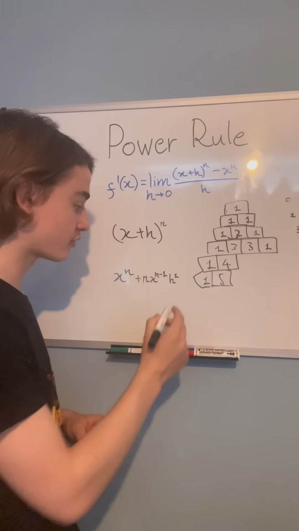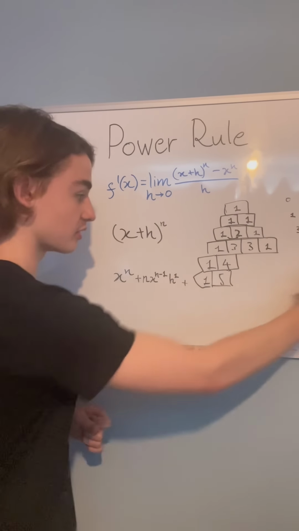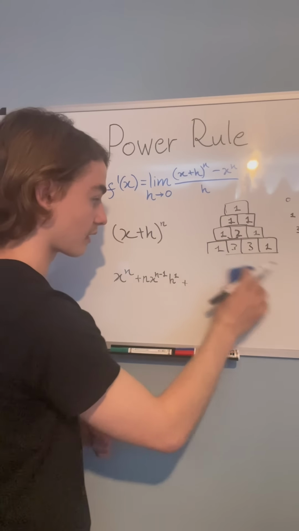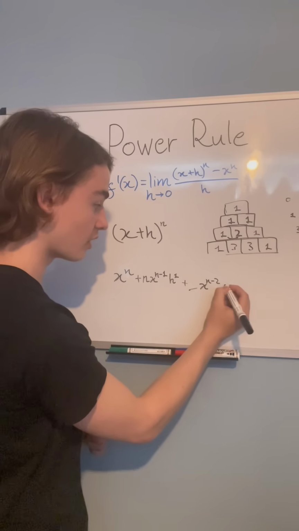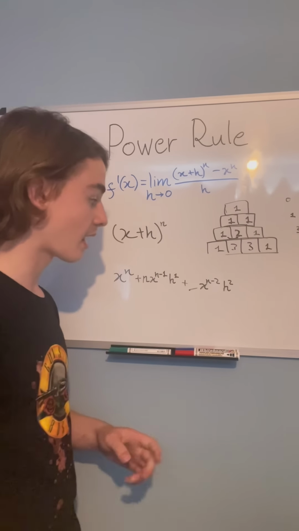After that, we'll have terms that have some constant at the start, and then times x to the n minus 2, h to the 2.